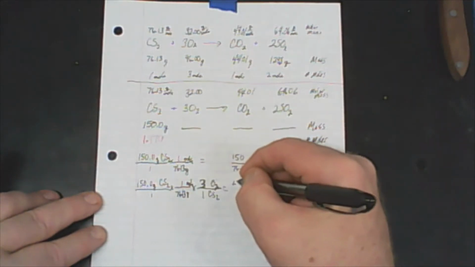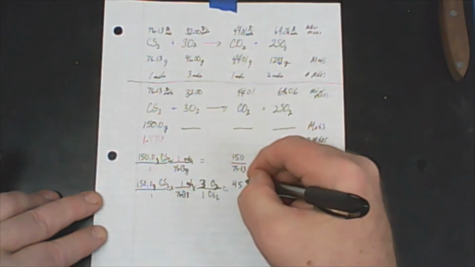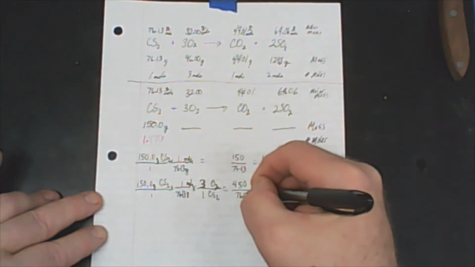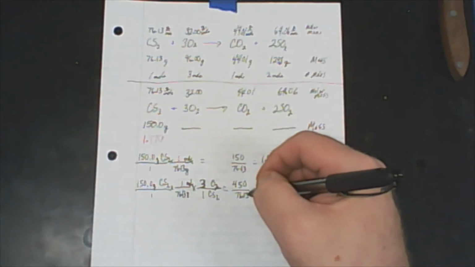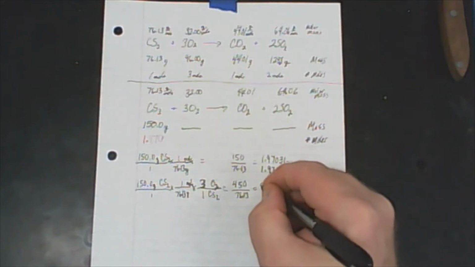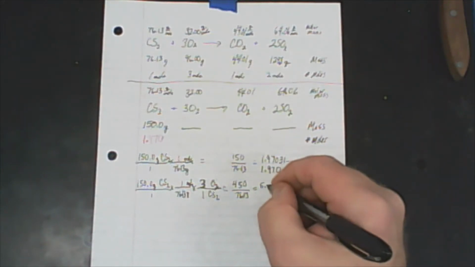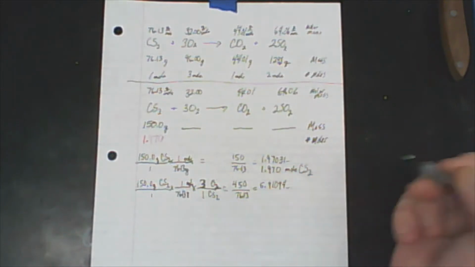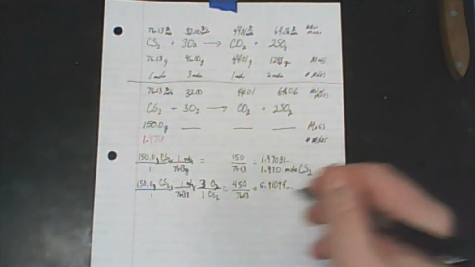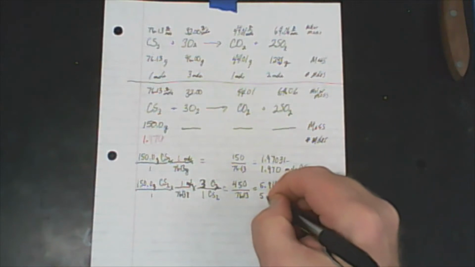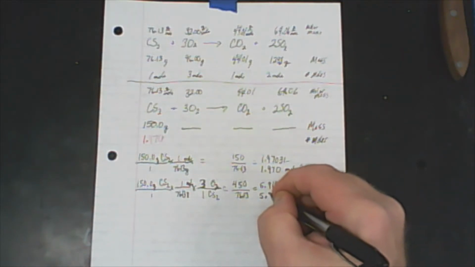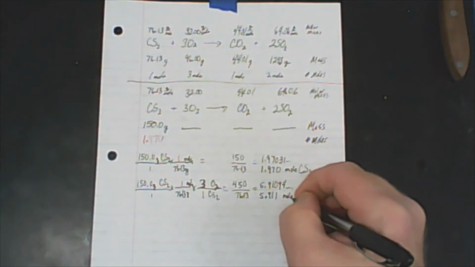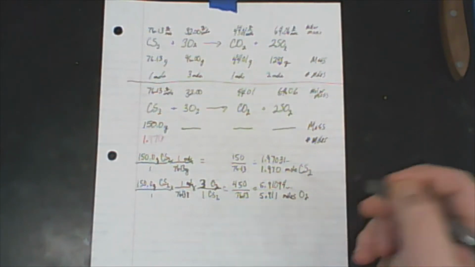I have 450, 3 times 150, over 76.13. Doing the math there gives me 5.91094. Yada, yada, yada. Don't care about the rest of the digits. So that rounds off to 5.911 moles of O2.